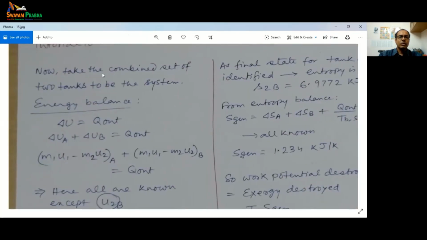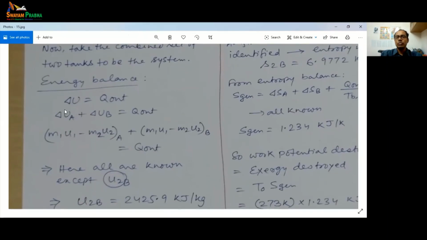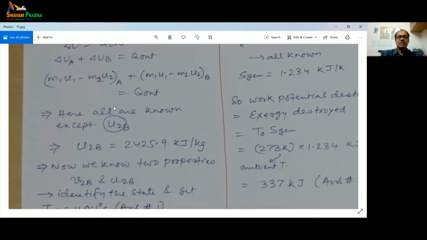So now we will take the combined set of two tanks and apply the energy balance. The energy balance will tell us that whatever internal energy change will happen, delta U, will be equal to the heat that has been lost to the environment. So delta UA plus delta UB will be equal to Q out. We know how to find delta UA and delta UB, and Q out is given.